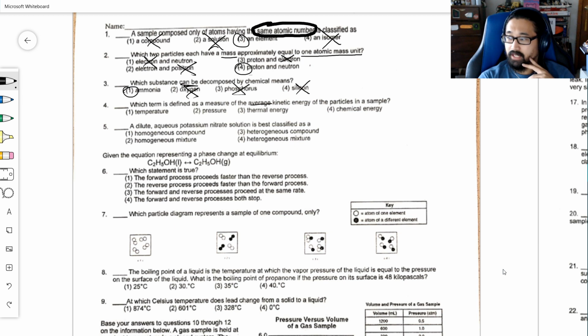All right, here we have average kinetic energy. That has to be temperature. It just has to be, right? And then a dilute aqueous potassium nitrate solution is best classified as, this is the key word right here, a solution. A solution is the prime example for a homogeneous mixture.